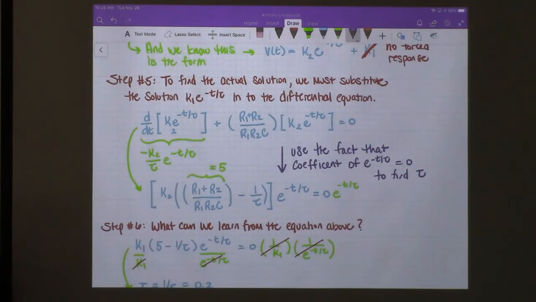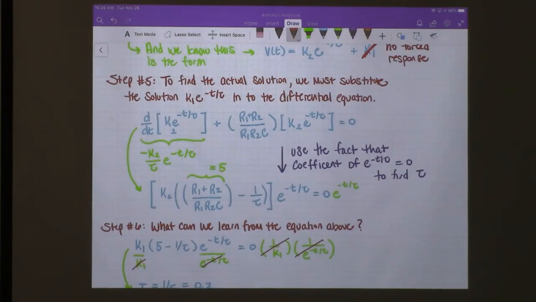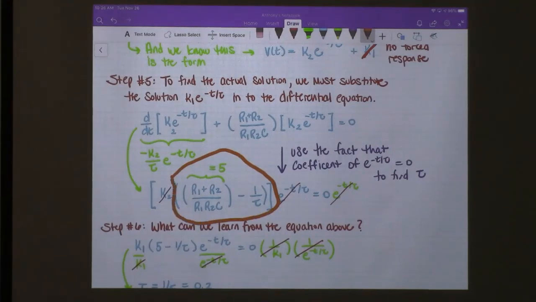So if I cross out the unimportant parts, what you'll see is that this is not going to matter, this is not going to matter, this is not going to matter, because those are all going to be divided out. They're all going to fall away. The part that's going to matter is this piece right here, because we know that it has got to be equal to 0.